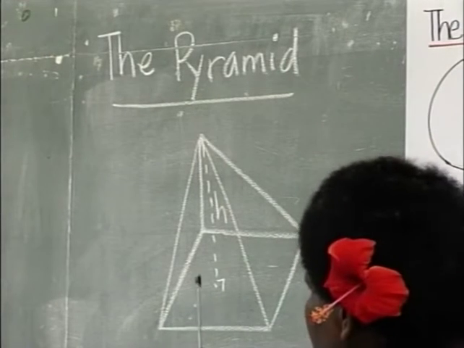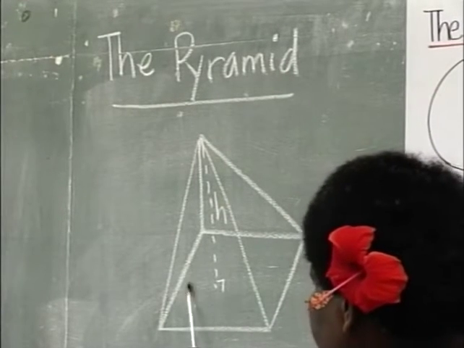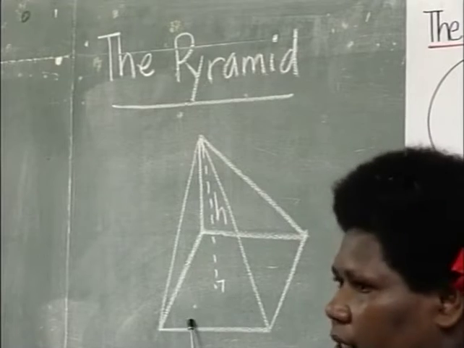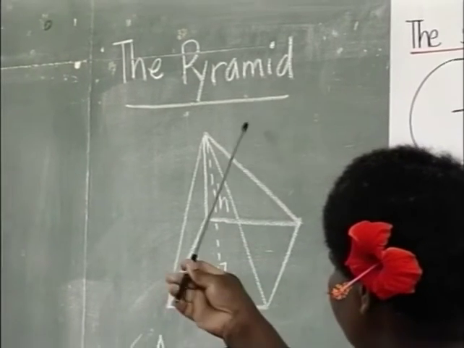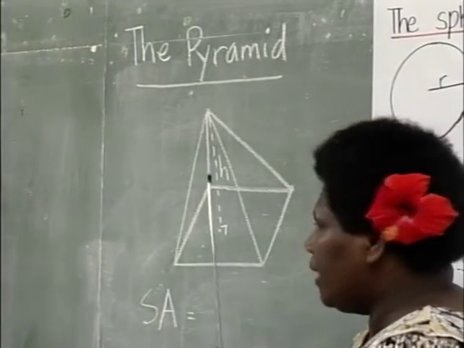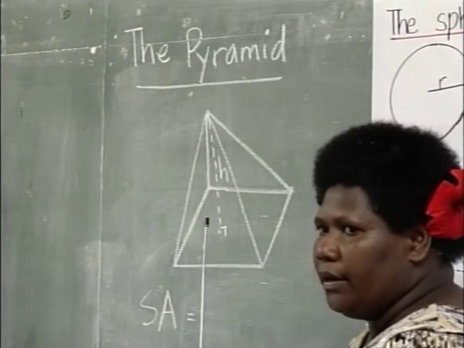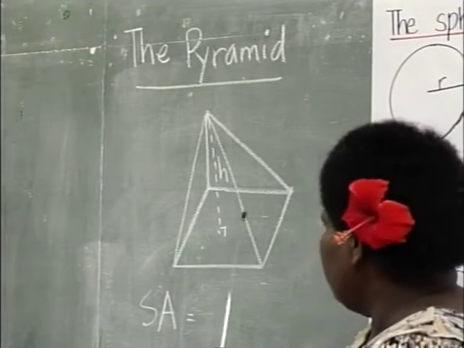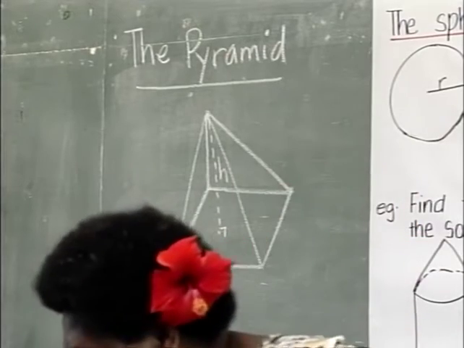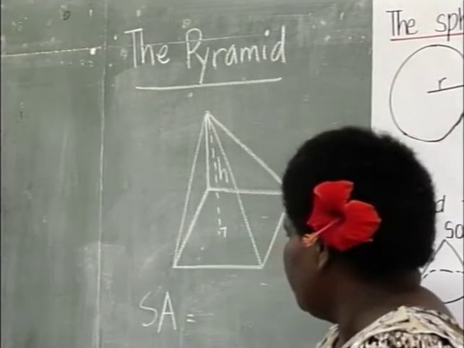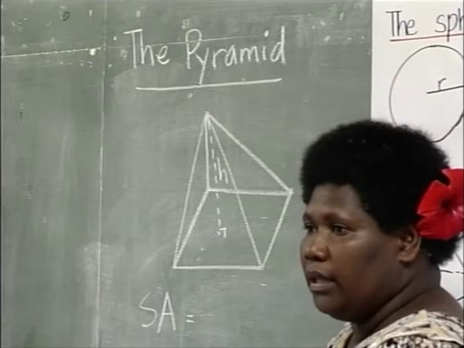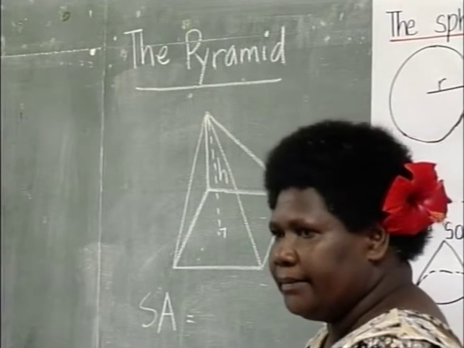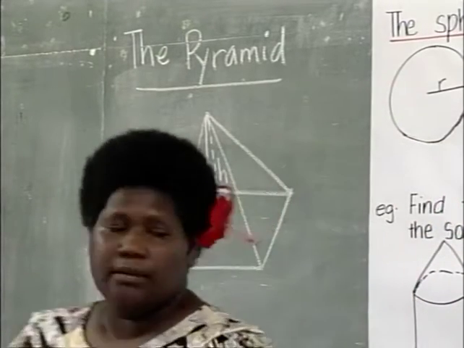This one will include the area of the base, which is a rectangular one. Then you will have 1, 2 at the back, 3 on the side, and 4 in front. There are 4 other faces that you will have to calculate their areas. So for the surface area of a pyramid, I just say the total area of all the surfaces.